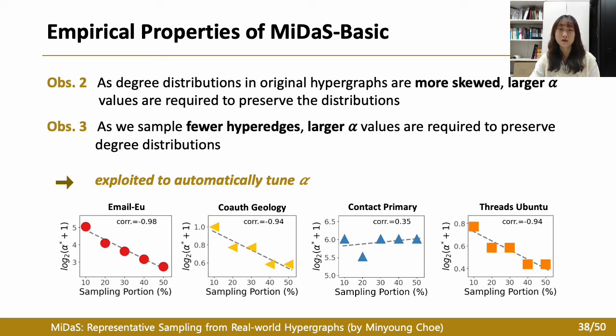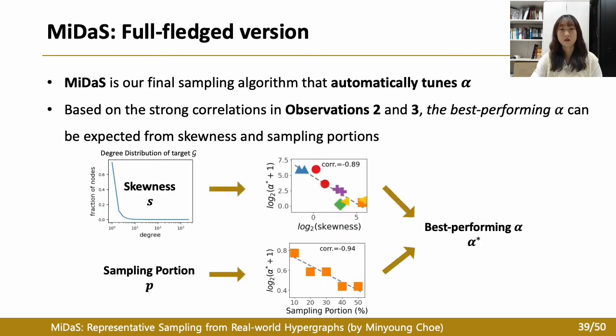These two observations give a direction to how we can automatically tune alpha, which leads to the full-fledged version of Midas. Let me describe Midas, the full-fledged version of our sampling method that automatically tunes alpha.